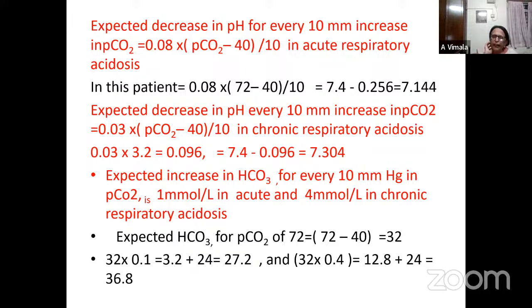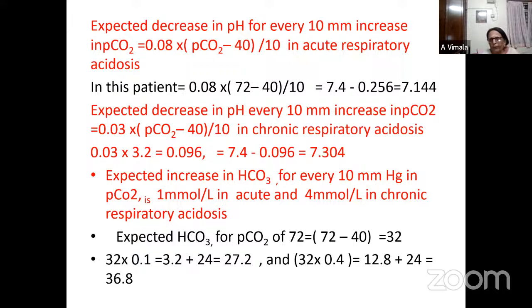For an expected decrease in pH, for every 10 millimeter increase in PCO2 that is acute, we said, kidney takes time to reclaim bicarbonate, reabsorb bicarbonate, and regenerate bicarbonate. So the bicarbonate will not increase to the same extent as is expected for an increase in PCO2. So the drop in pH will be significant for an acute respiratory acidosis.